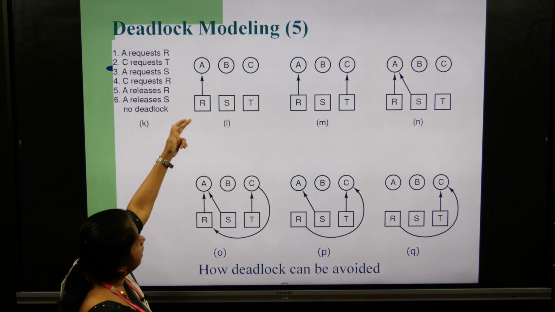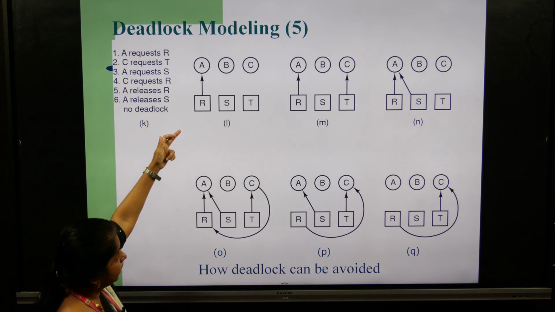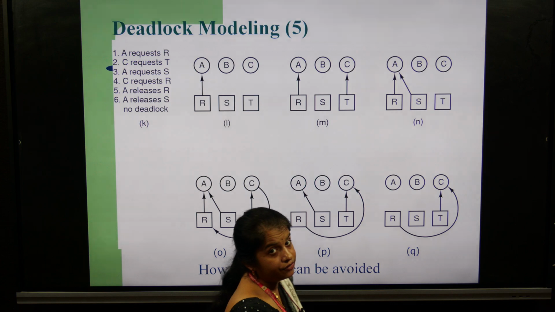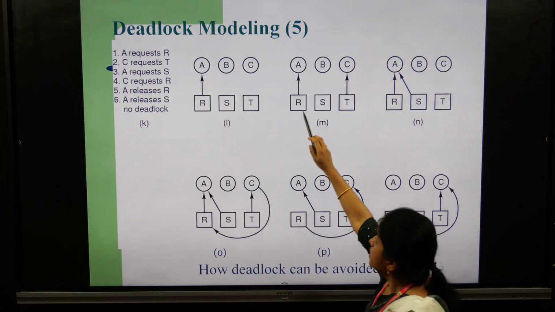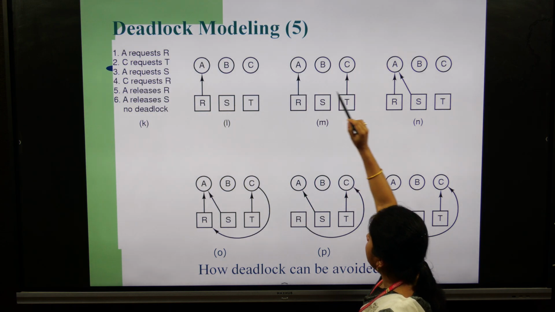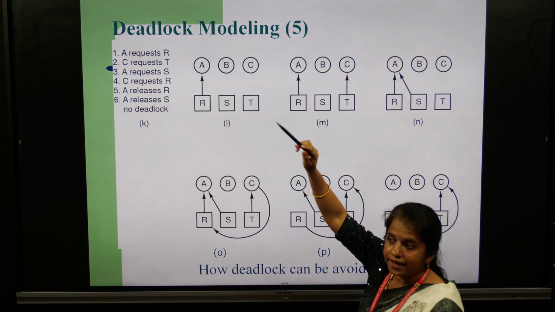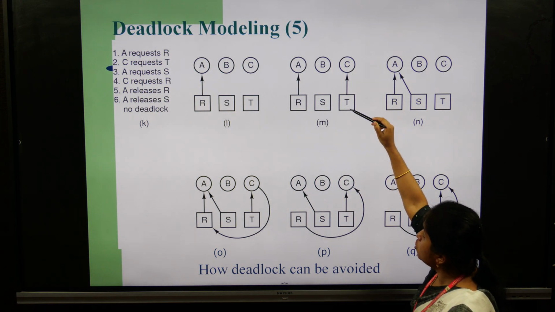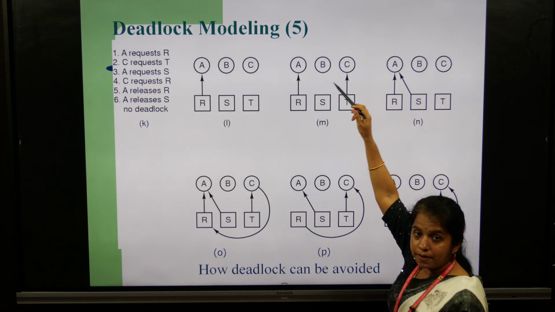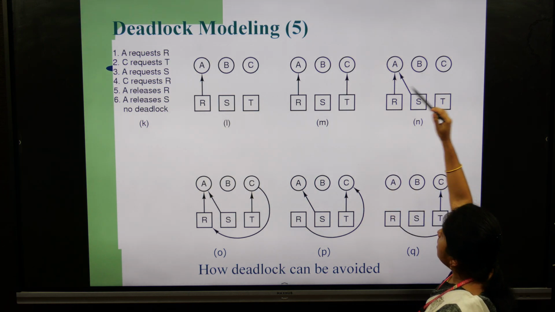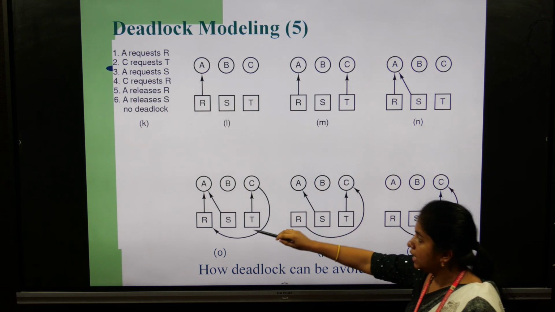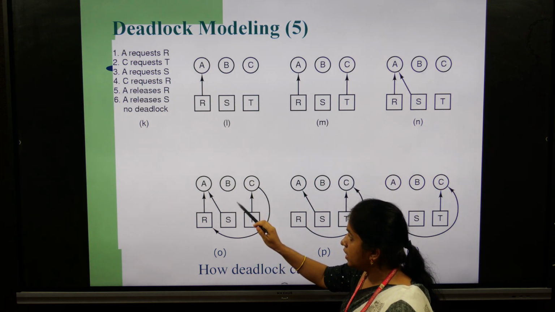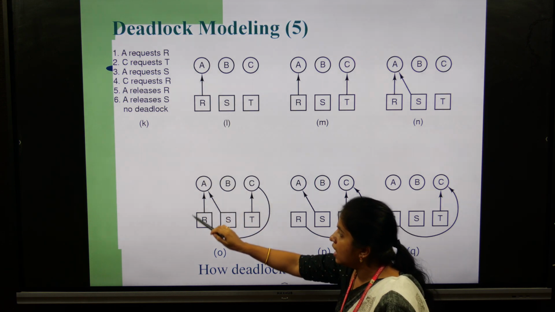Here resource R is requested by A, and here we can avoid the deadlock. How are we going to avoid it? Resource R is requested by A, and then we are going to break that chain and use resource T requested by C. After C is done, S will be requested by A, and once it is done, this resource will be available.